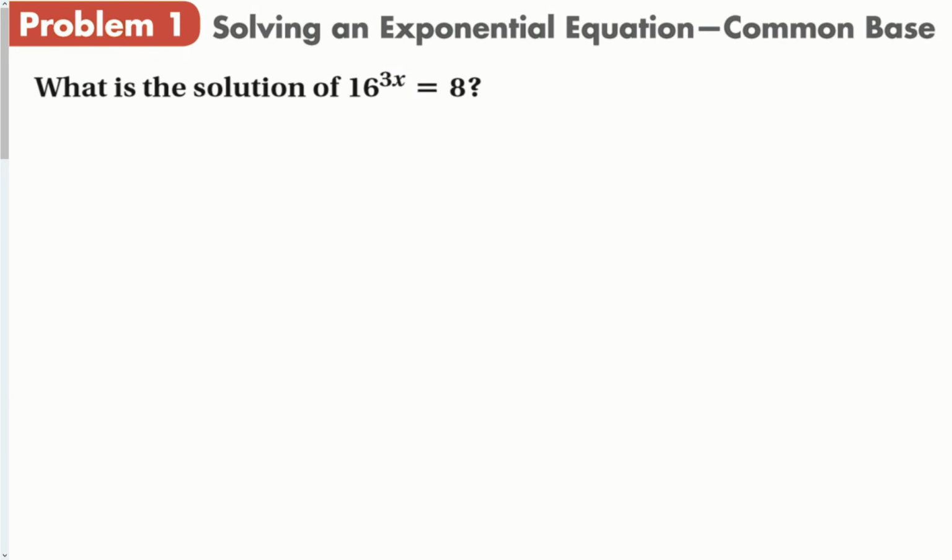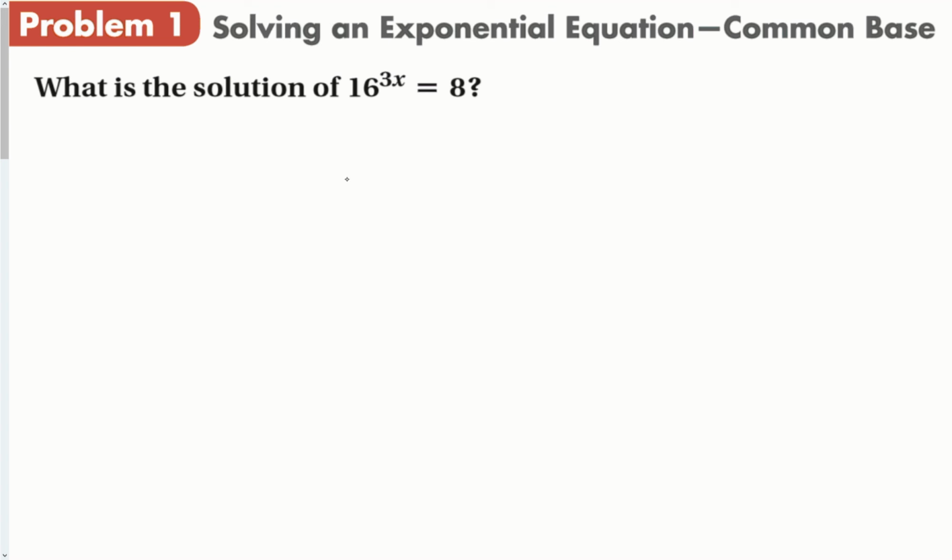So what you're going to want to do first is look at the problem and ask yourself, is it possible to solve this by making them both have the same base, okay? Is there a way to make 16 and 8 both the same base raised to a power?